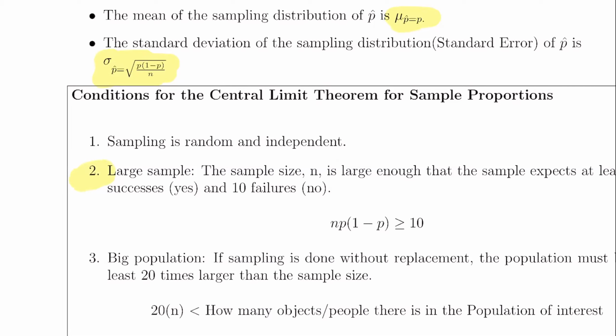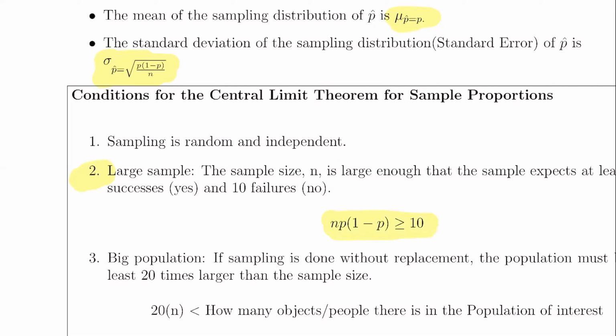But unfortunately, for the sample proportion, it depends on what your population proportion is. Because depending on how rare or how common that event is, you're going to need a bigger sample size or a smaller sample size. Let me tell you the formula, and then we'll do some examples.